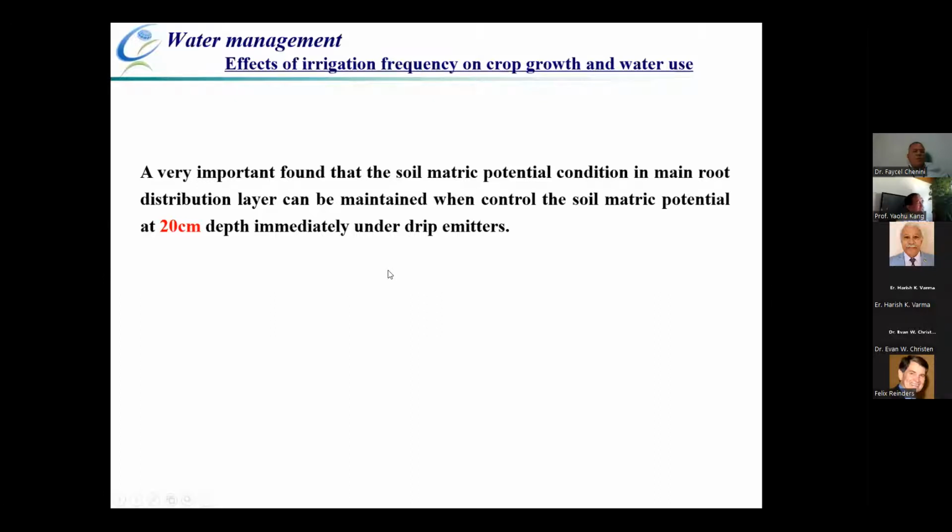But at that time, people didn't know what depth is the best, and how many sets of tensiometers should be set in the field to measure the soil matrix potential. But we found that only 20 centimeter depth immediately under the drip emitter is okay.